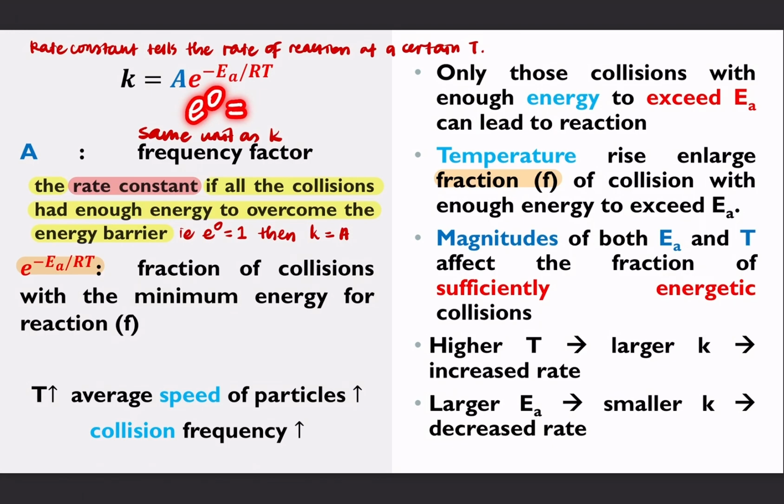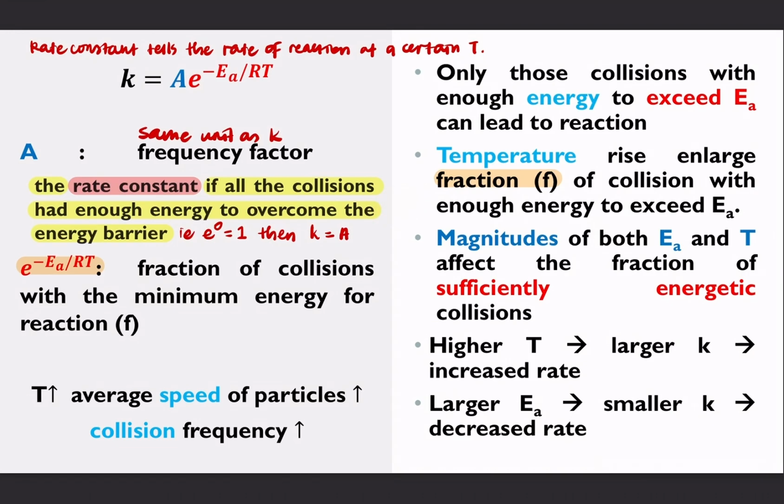Therefore your fraction will be full, for example 2/2 or 3/3. It will be equal to 1. So e to the power of 0 will be equal to 1. Therefore if it is 1, then your k will be equal to A. This is what this means.